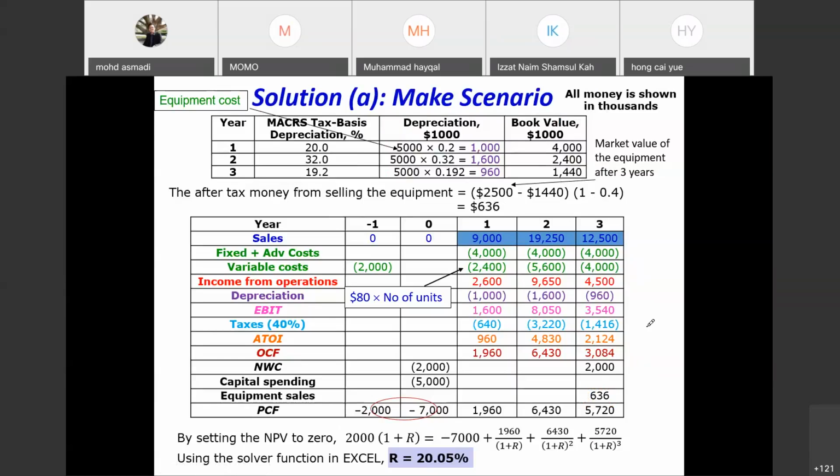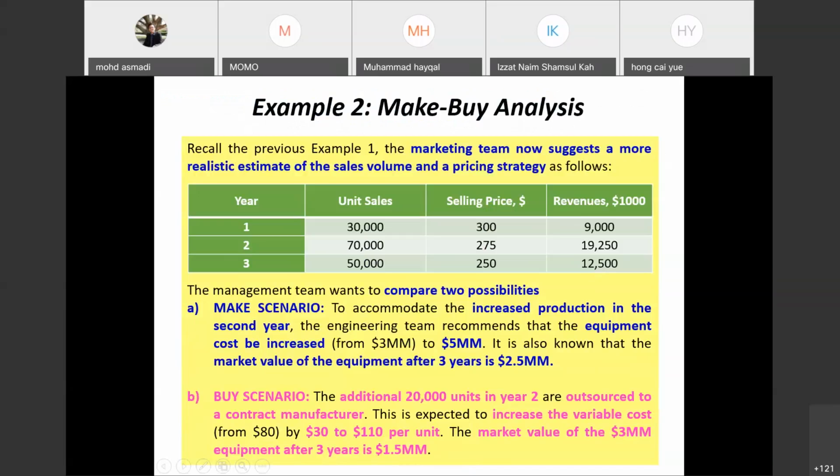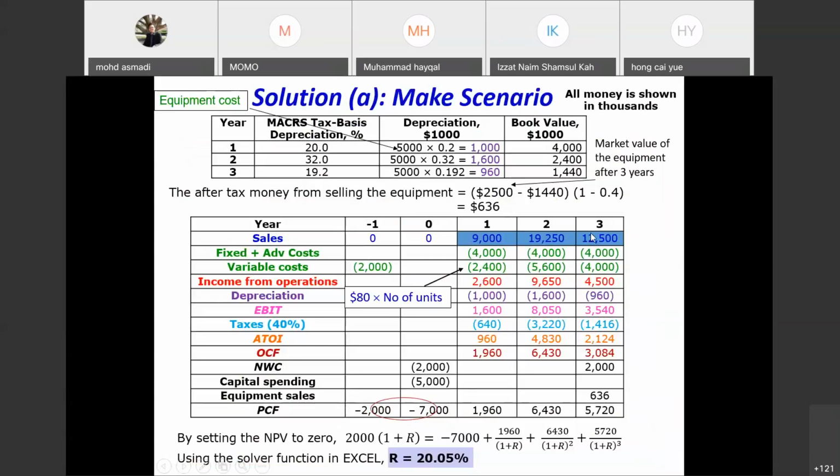So this one is different, depending on the revenue or sales. This table, just put on that table. Previously this table is 50,000, 50,000, 50,000, no changes, but now it changes along with the year, along with the period.